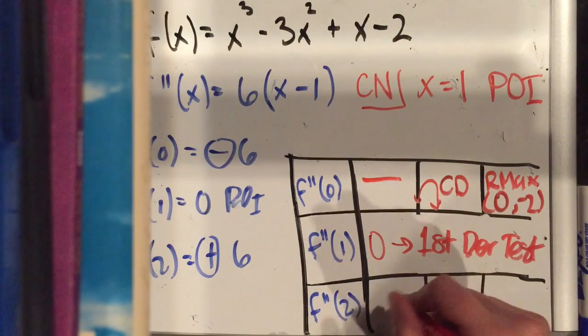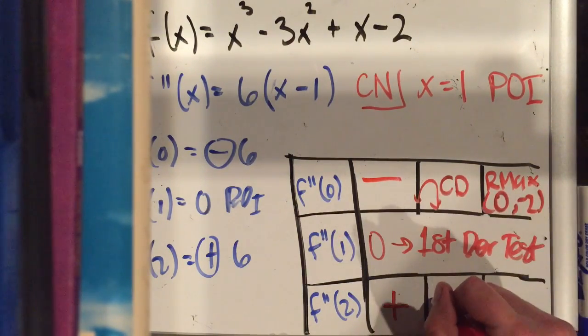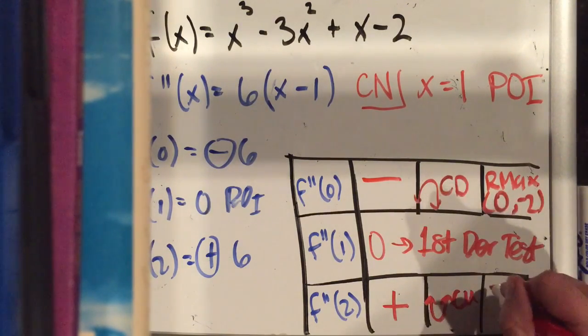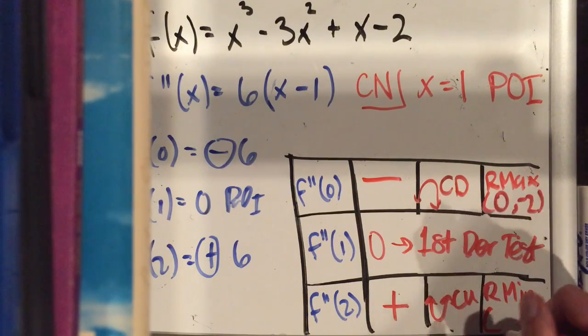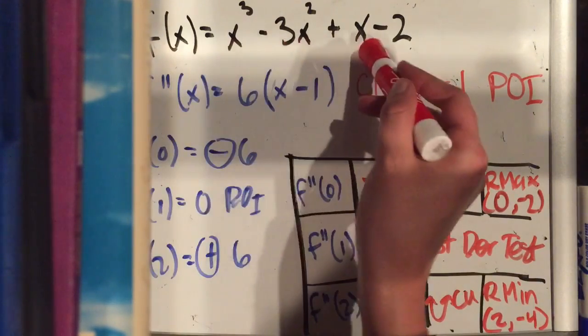And then when we plug in a number bigger than 1, we get a positive number, which means that this is concave up. So we get a relative min of 2, negative 4. And again, this y value comes from plugging 2 back into the original function.